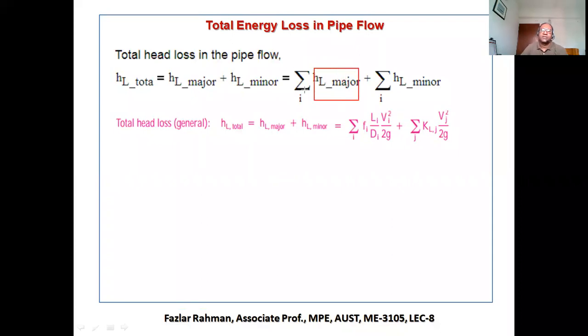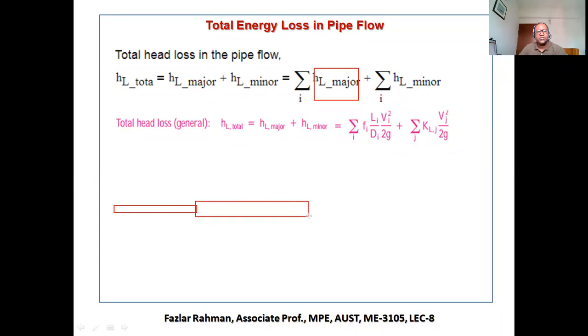Right over here, summation. Why is there a summation? You might have the same pipeline with some portion plastic pipe, some portion a little bit bigger diameter with stainless steel, or might have cast iron pipe. So different sections have different diameters, different coefficients of friction, right?